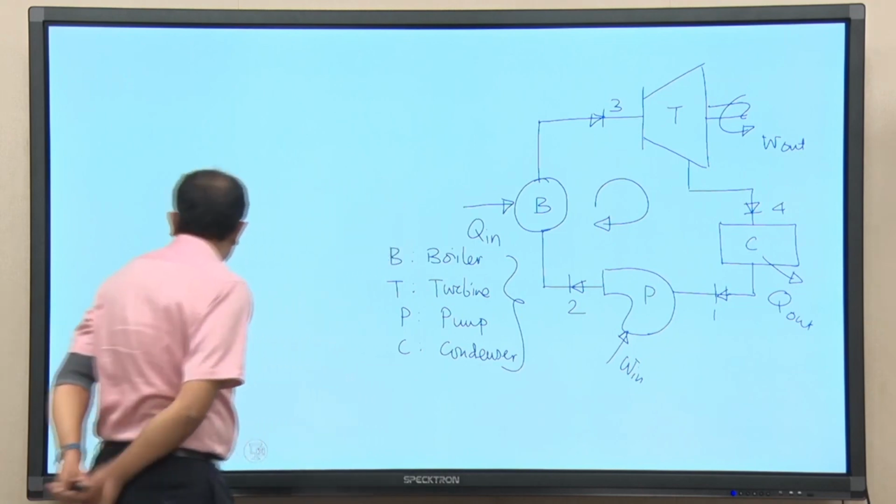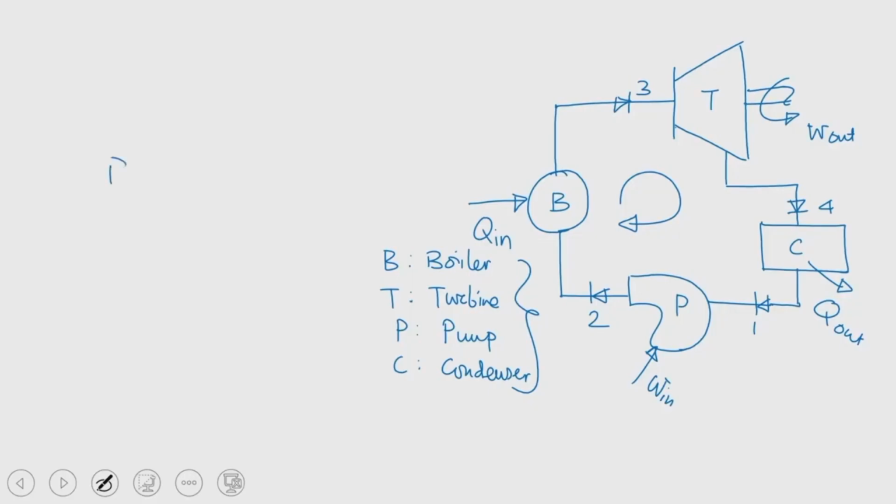So, let me write here, performance of the unit of power plant.